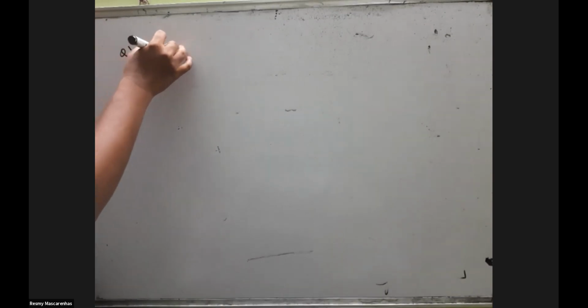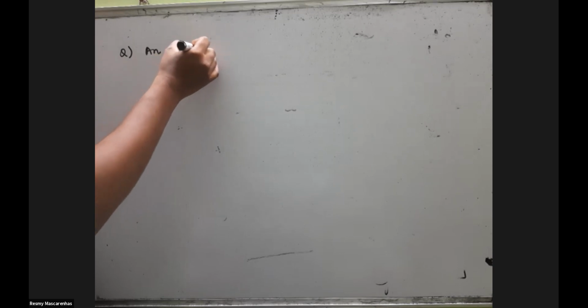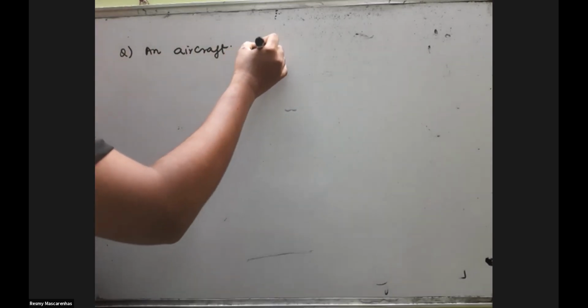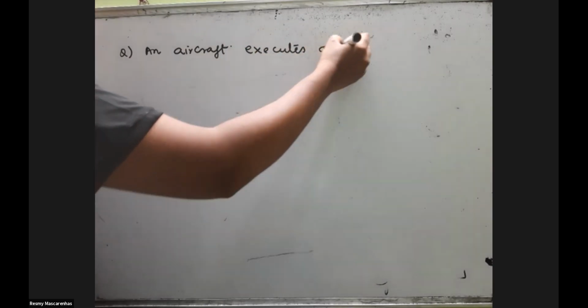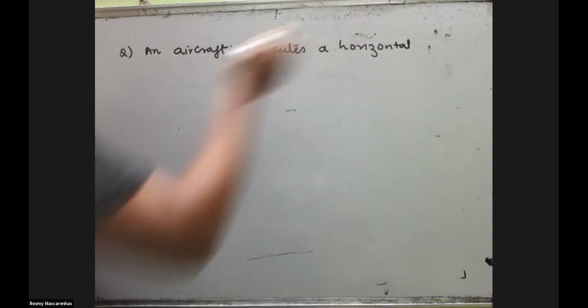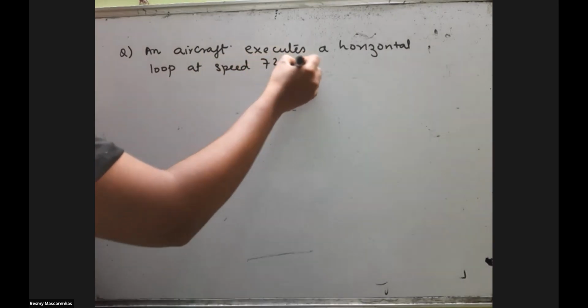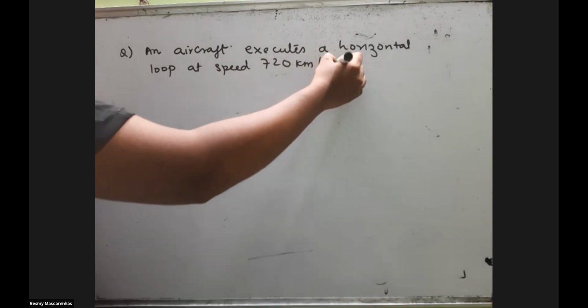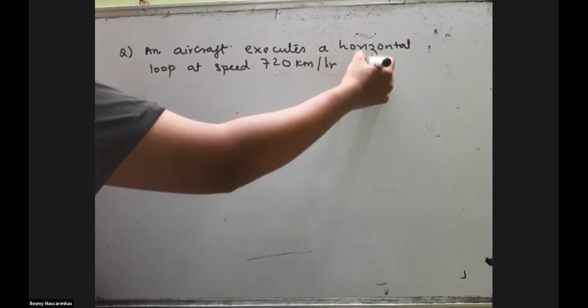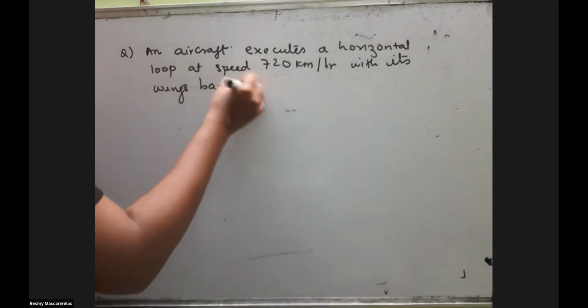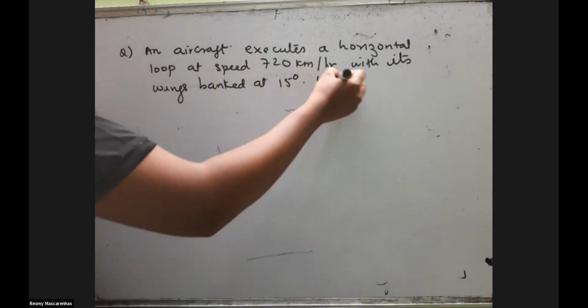Question is: an aircraft executes a horizontal loop at speed 720 km per hour with its wings banked at 15 degrees. What is the radius of the loop?